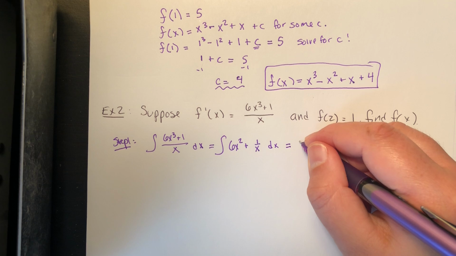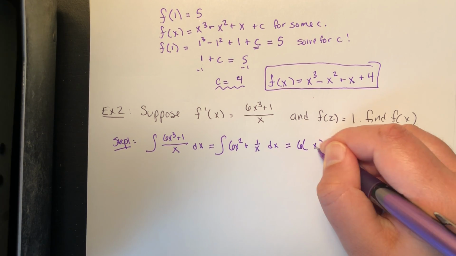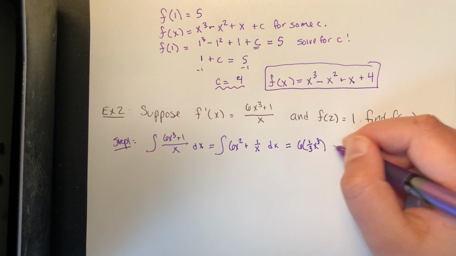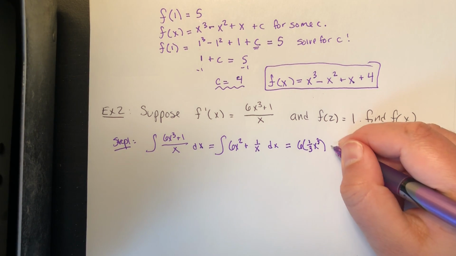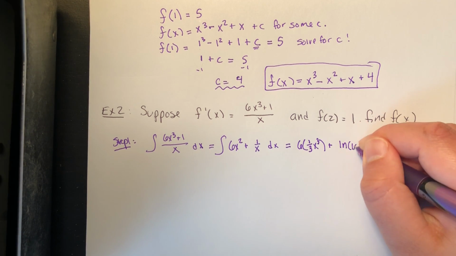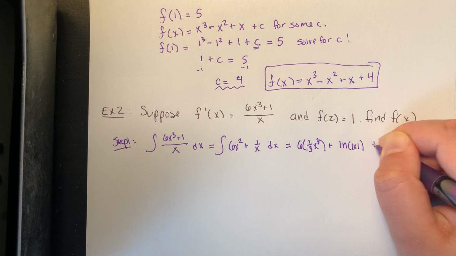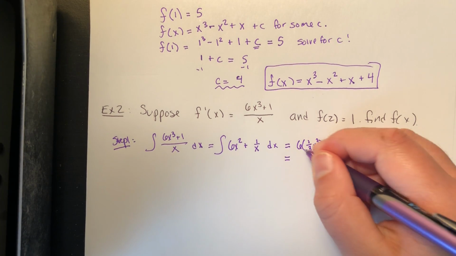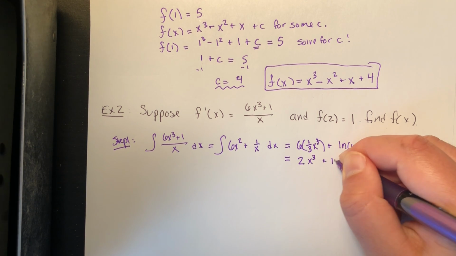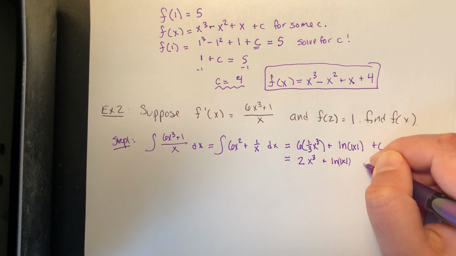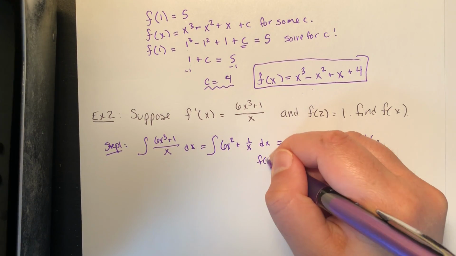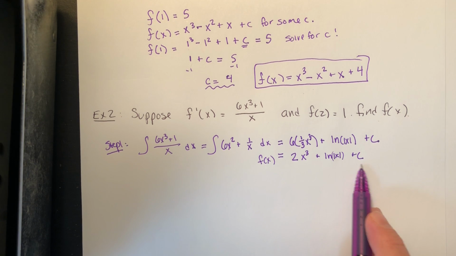I'm going to have 6 times x to the third power when I add 1 on the exponent, and then multiply that by 1/3, 1 over the new exponent, plus the antiderivative of 1 over x, which is just ln of the absolute value of x, plus c, of course. Simplifying this, 6 times 1/3 would be 2x cubed plus ln of x plus c. So f of x is going to be equal to this function for some c.